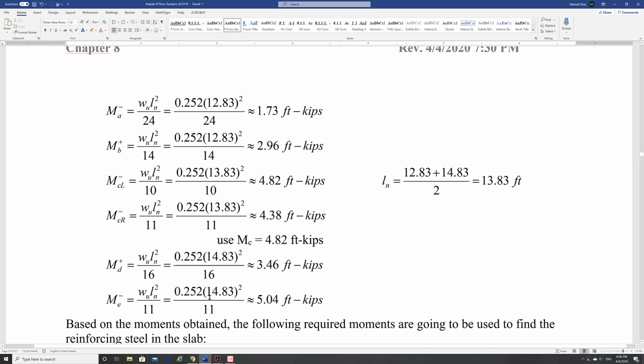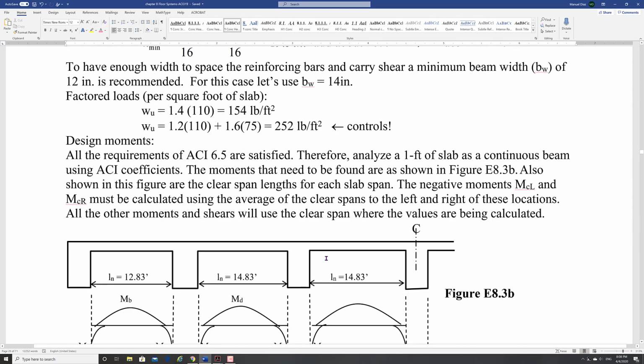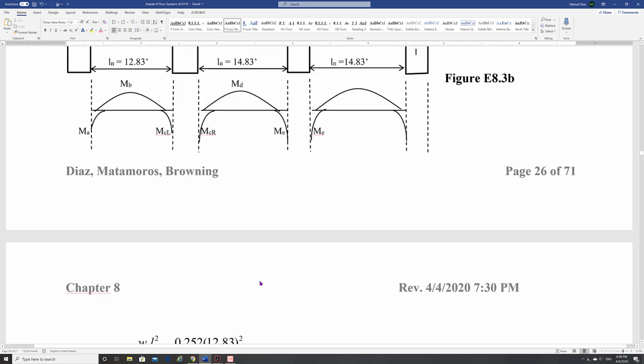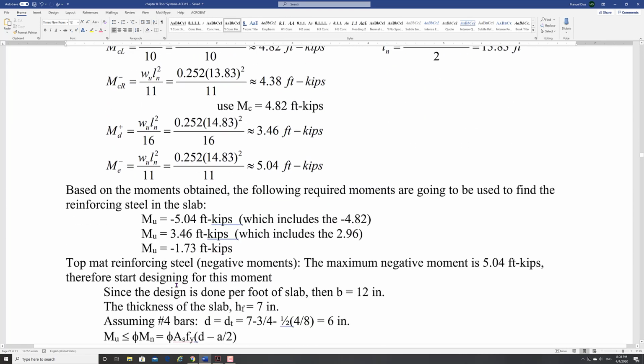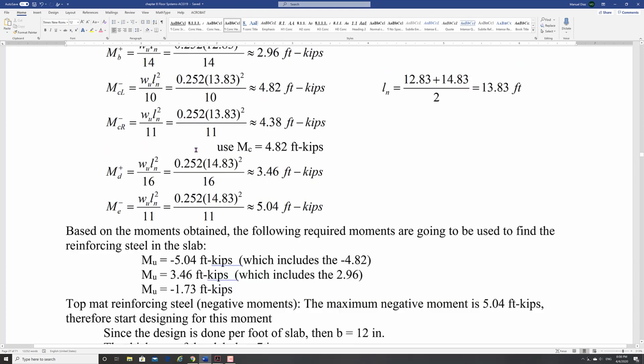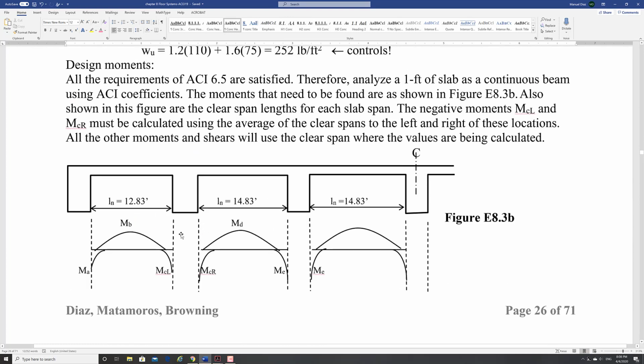When I have to do the negative moment here, or here, I don't have an average length because these two are the same. So I'm going to use the 14 and 16 values. That gives me a different value there. Now my positives. I got two positives, this one and that one.